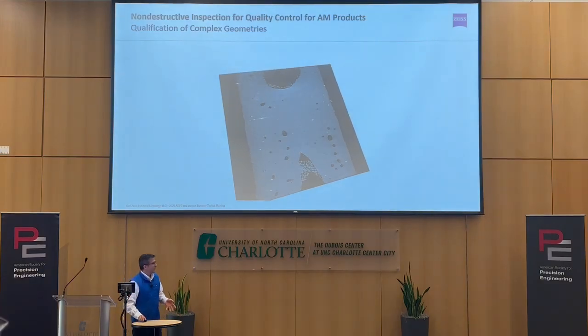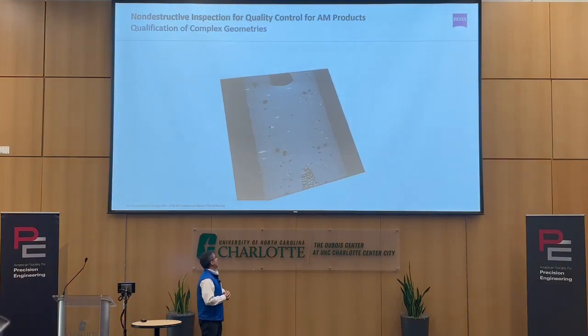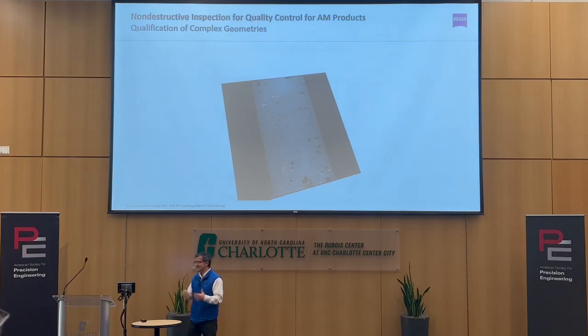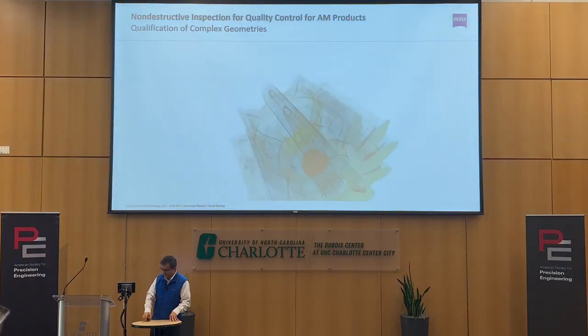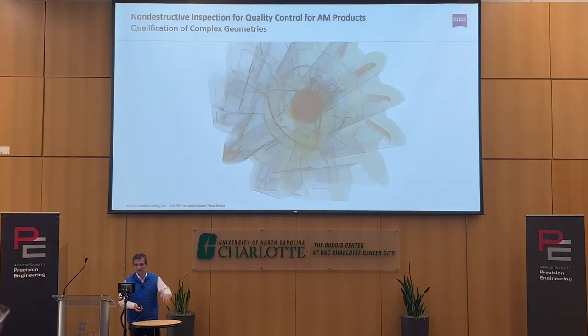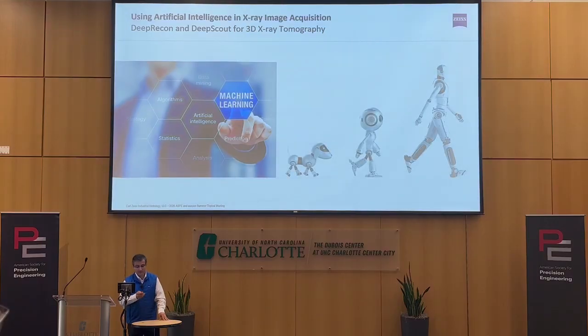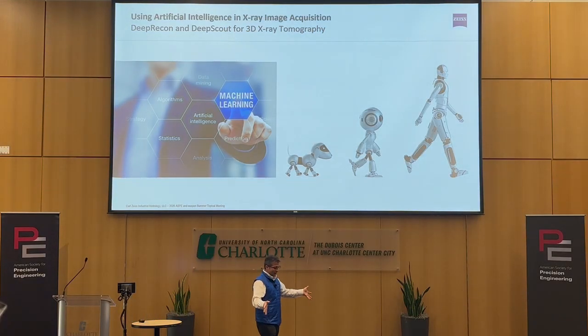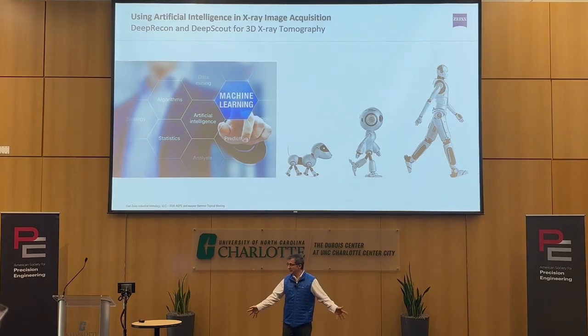This is really one of the coolest advantages of using CT: you can see all of that information, and it's very visual, which is easy to understand. Enough about talking about what the capabilities of X-ray microscopy are.